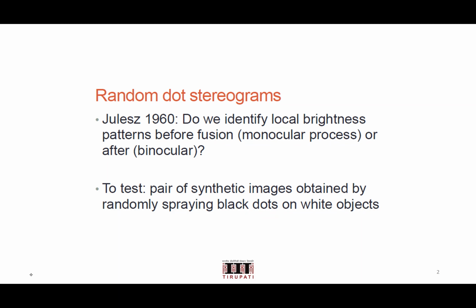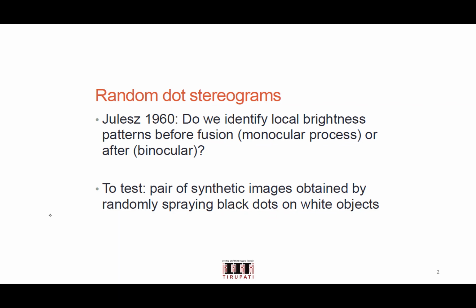There were very many interesting experiments that have been done. One of them is whether we first find patterns and then fuse, or do we first fuse and then find patterns. I hope what I mentioned is clear to you. By fuse I mean you have two views, so do we first find out patterns and accordingly then fuse?